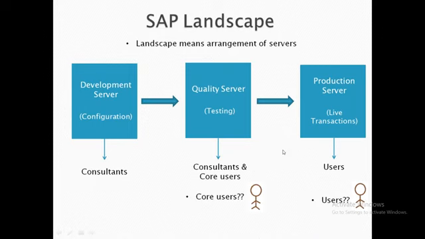So from an SAP consultant's point of view, the core user is the person with good experience and exposure in the client's business process. But the end user is the person doing all the day-to-day transactions.